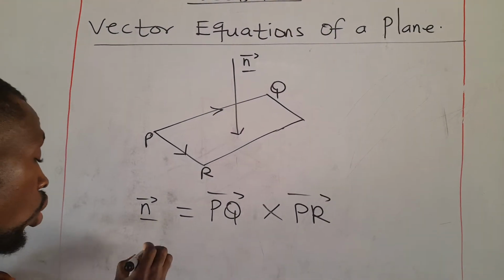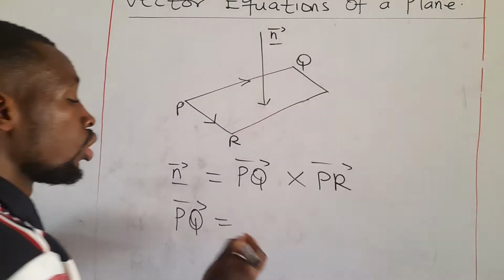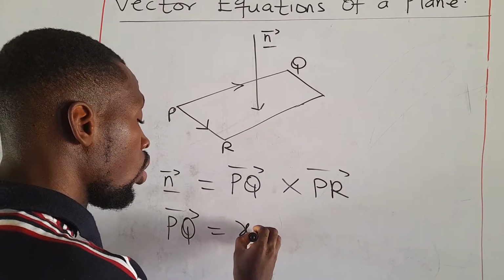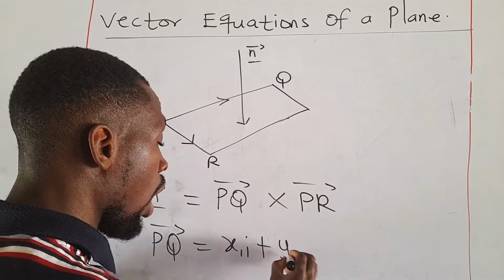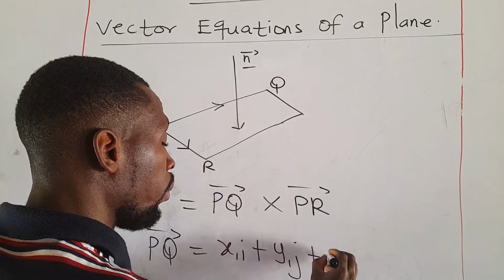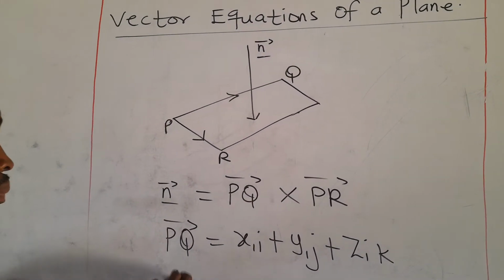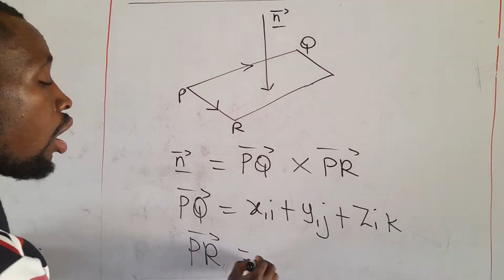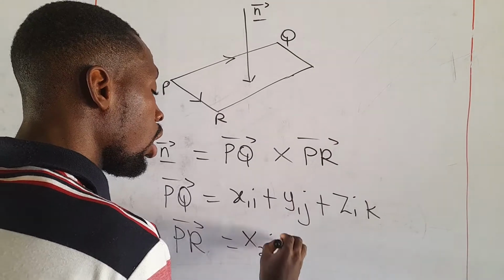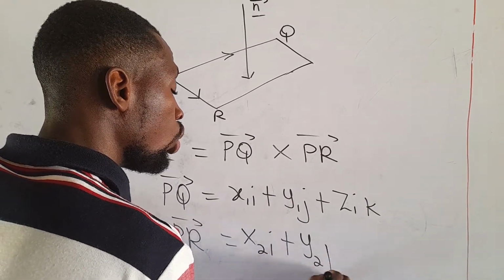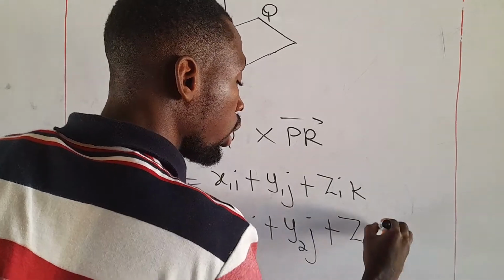So let's say we know our PQ to be equal to x1i plus y1j plus z1k. And we note our PR, the directional vector PR, to be equal to x2i plus y2j plus z2k.